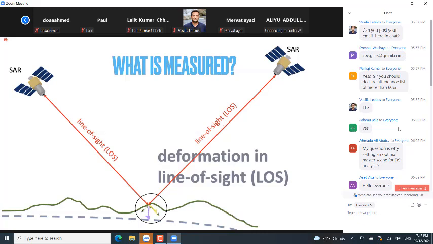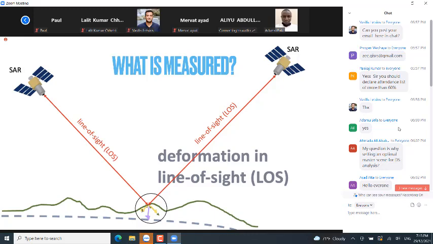Motion vector number 2 is going down, negative value. So if both, looking from these different directions, have a negative value, you're going to have subsidence, because both are moving away from the sensor. If both have positive values, you're going to have uplift because both are moving toward the sensor.